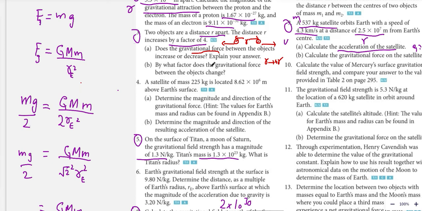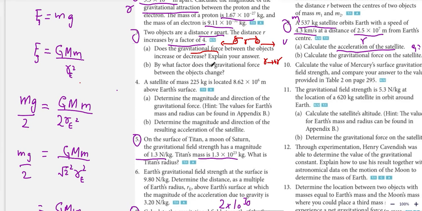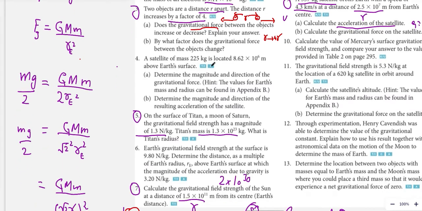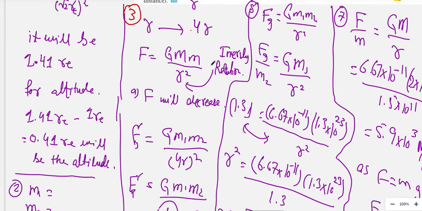So you got the question? Okay, so now, the universal gravitational law states that F is equal to G m1 m2 over r square, and distance r is in inverse relation to the force, so we know that if the distance increases, the force will reduce.